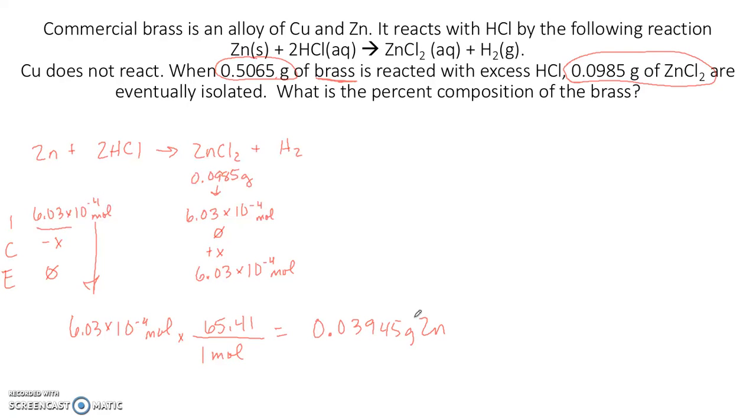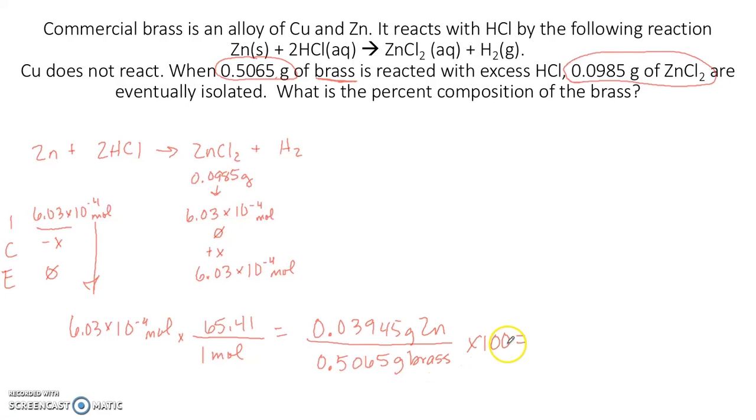In order to find percents, you take the part over the whole. So if we take that and divide it by the whole mass, 0.5065 for the brass, I should be able to find the percentage of zinc in the brass.